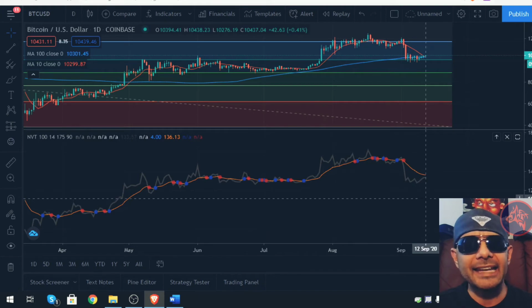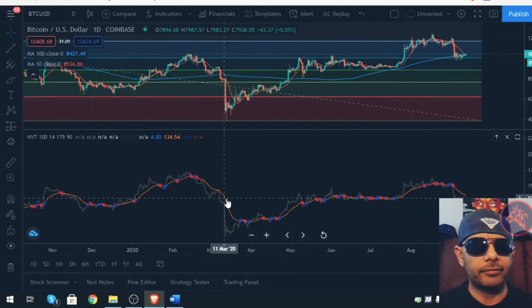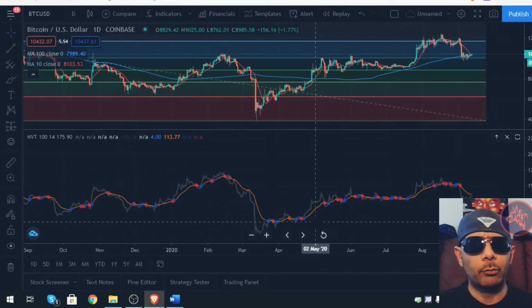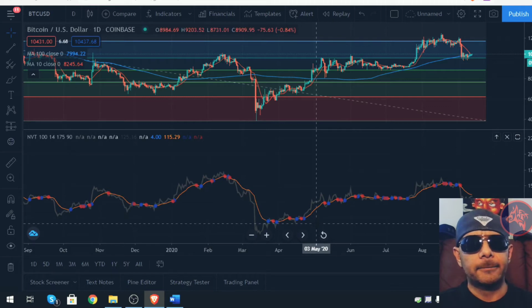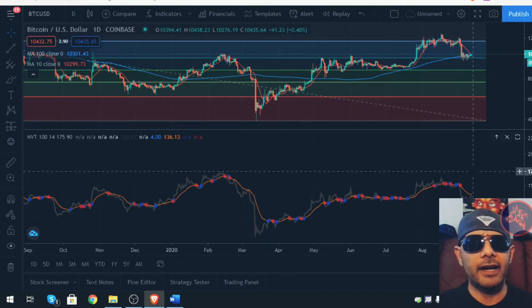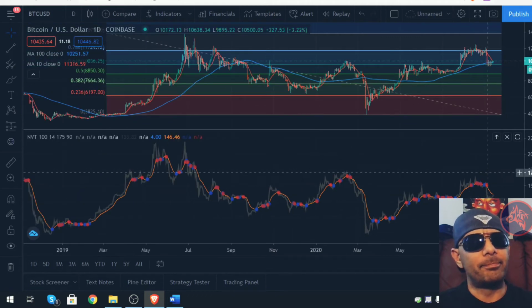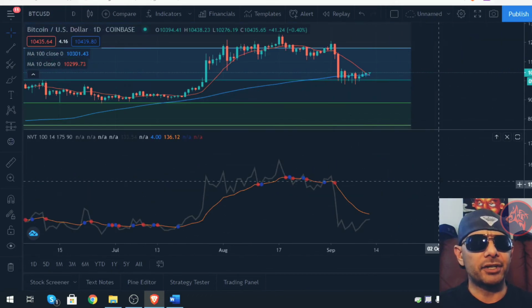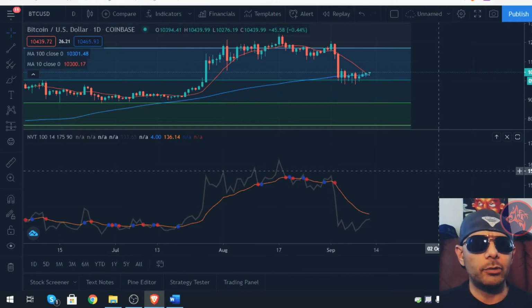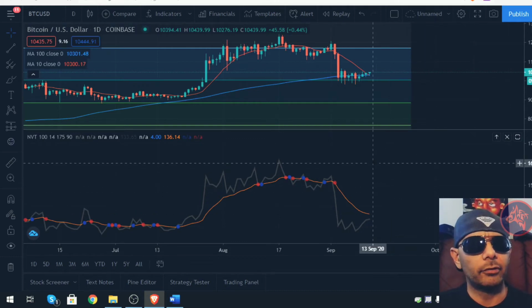So if it goes under 90, like you see it came down here, it went down in the 90s, right? I'm going to be bullish at that point because it's gone very, very far down. And if it's gone over 175, I'm going to consider that more bearish. I need to start looking at things in a bearish sense. So again, an investor's point of view on that. So that's what you have to look for on this.